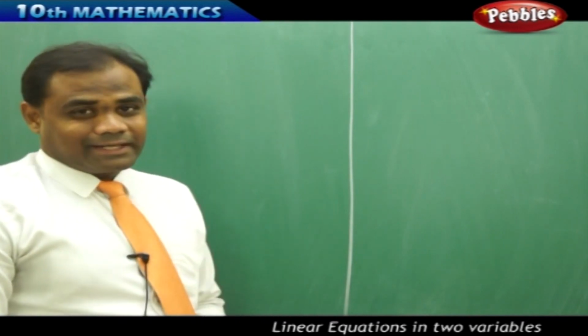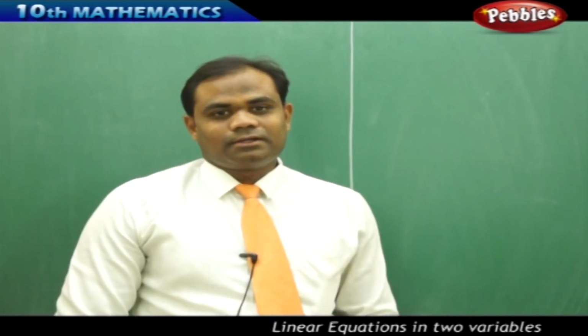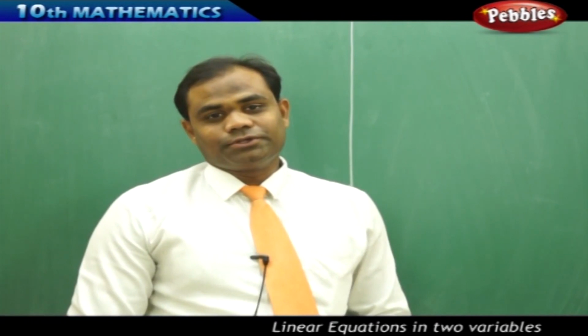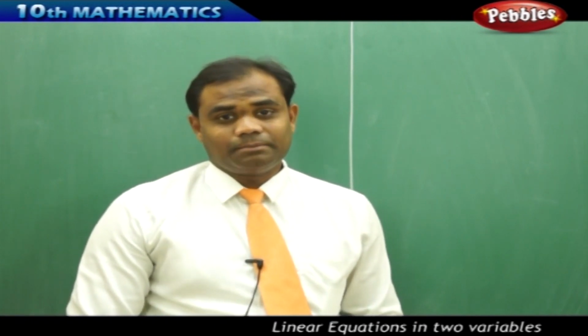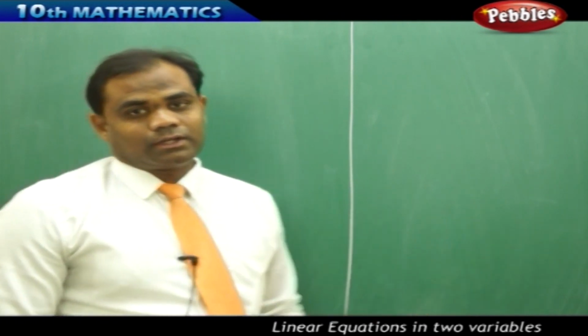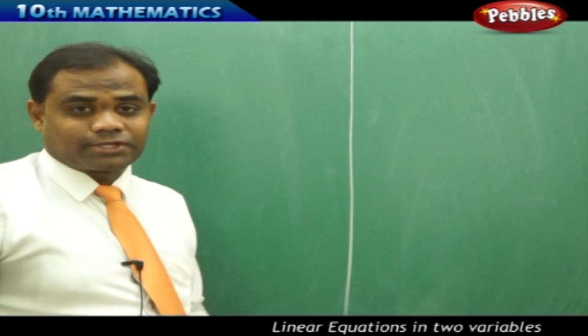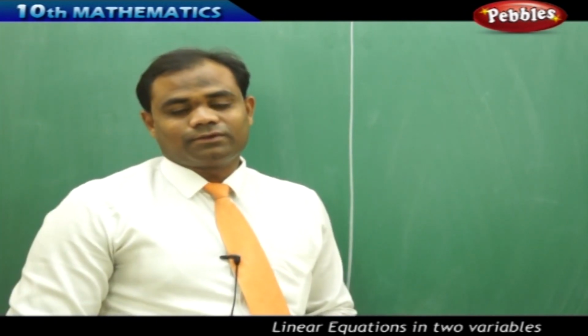Now let's see an example problem and find how the infinitely many solutions or unique solutions help us in connecting the linear equations or the straight lines with the nature of solutions.